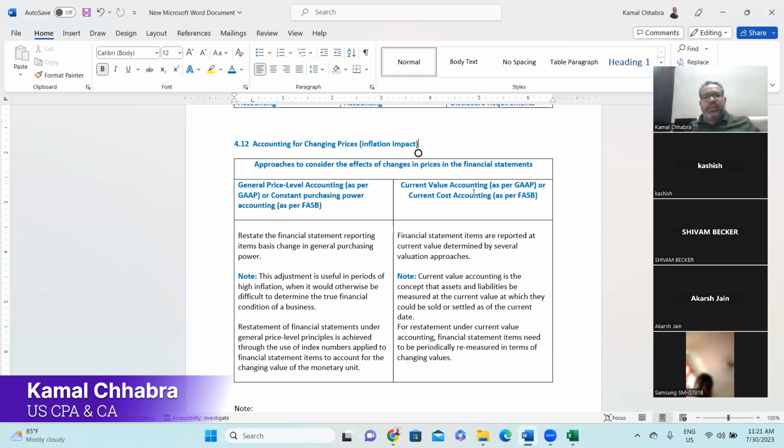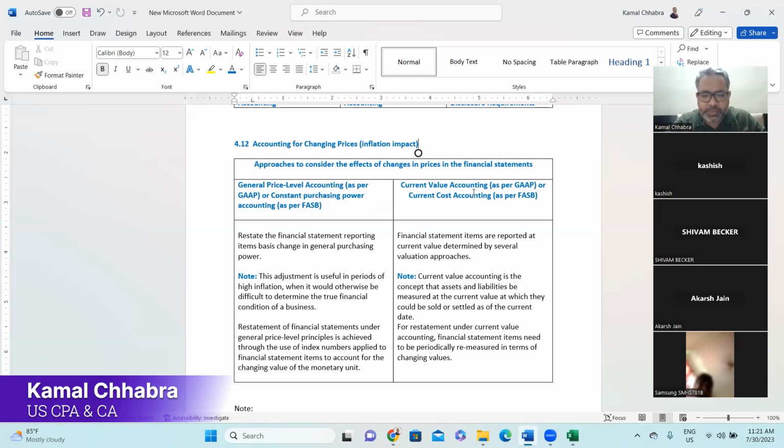Right. So first, let's understand what is general price level accounting, or constant purchasing power accounting as per FASB. First is to restate the financial statement reporting items based on change in general purchasing power.